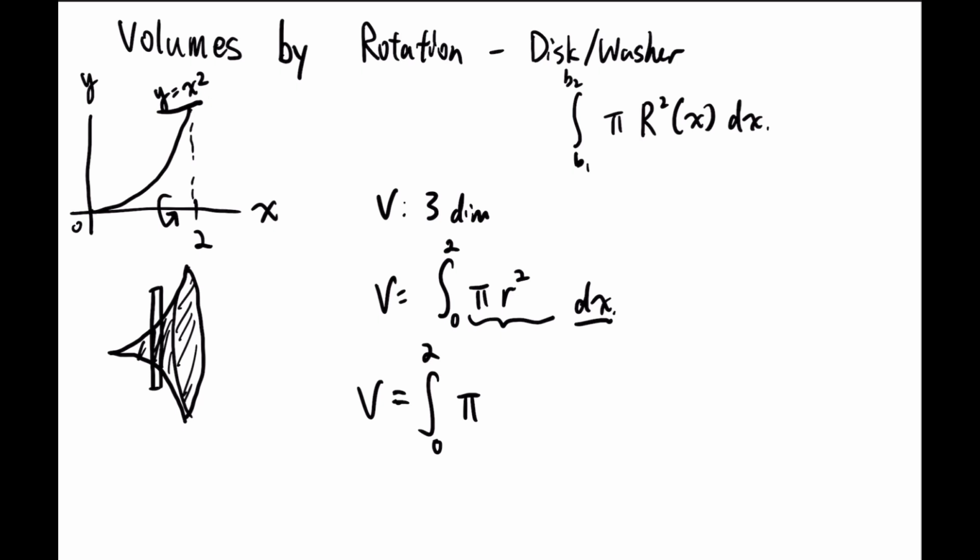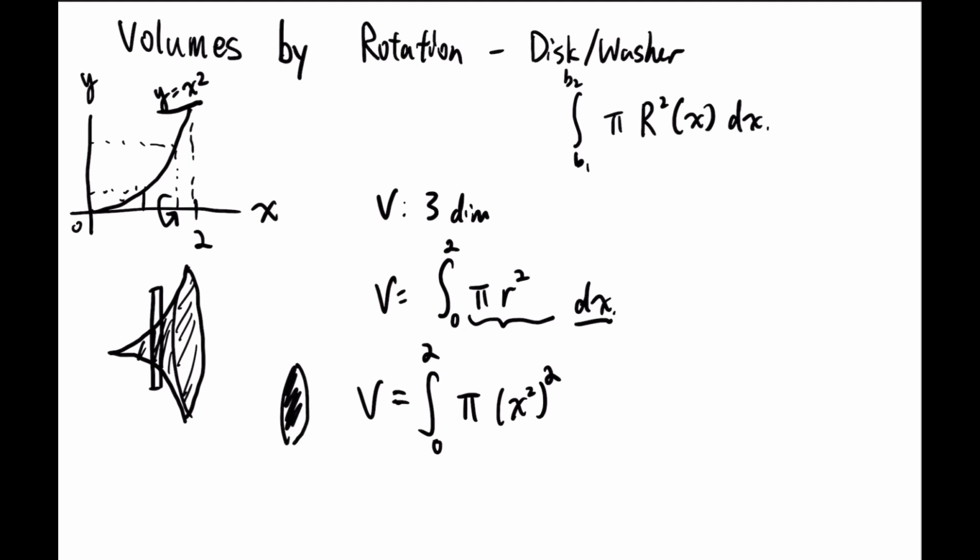Because at any point in this shape, our radius from the x-axis, or the radius from the axis of rotation, is given by the function y is equal to x squared. So at this point, let's say x is equal to 1.5, the radius would be given by r is equal to 1.5 squared. So our radius is x squared, and then we square that again to find the area of the circle, right?